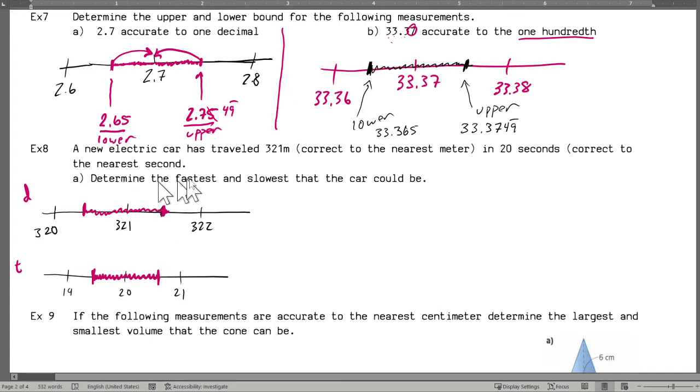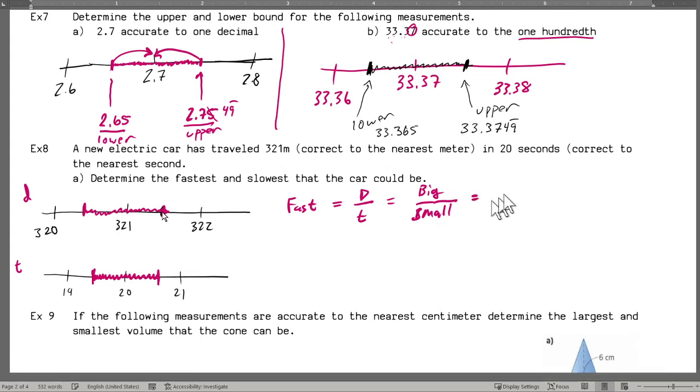Now the question is determine the fastest it could be. So in order to go fast, I need a big distance. Remember, speed is distance over time, right? So I need a big distance in a small time. That's how I go fast, right? So my biggest possible distance was 321.5, which is this.